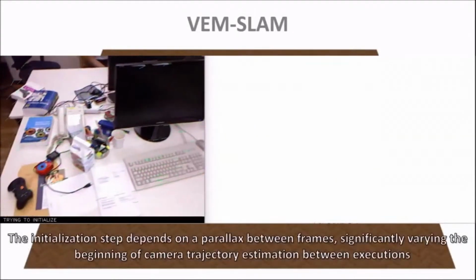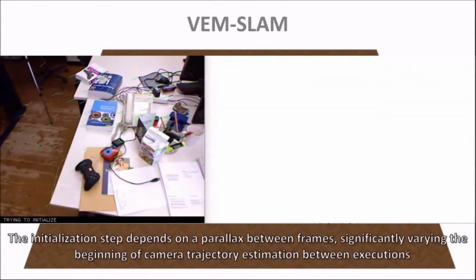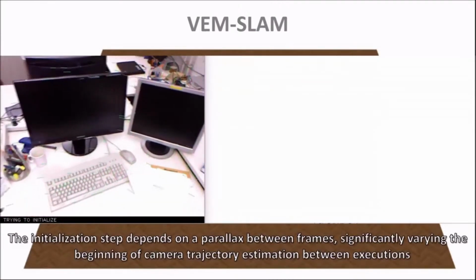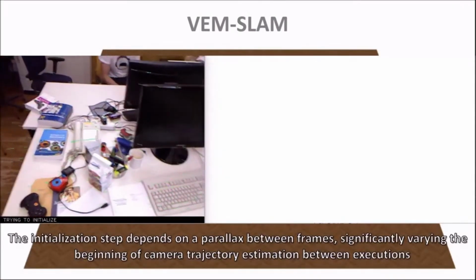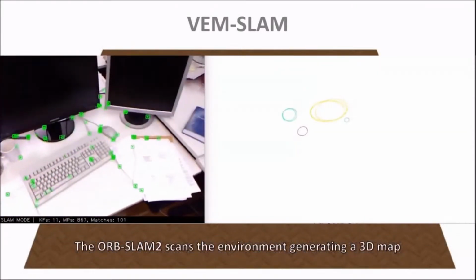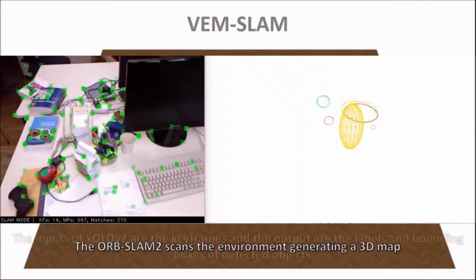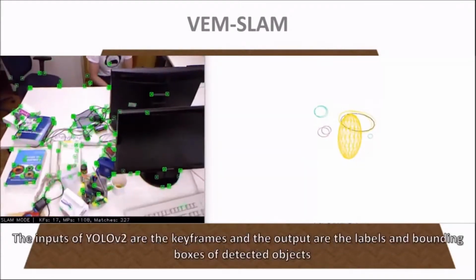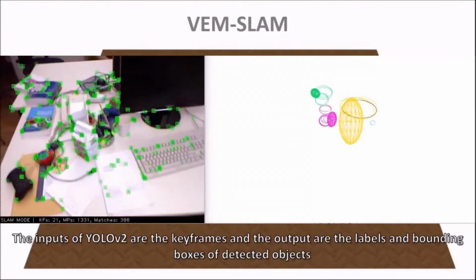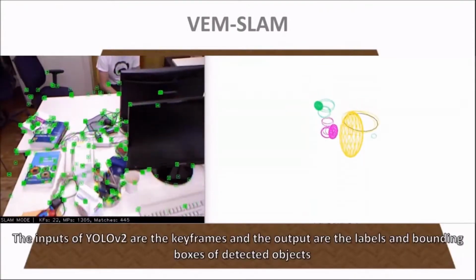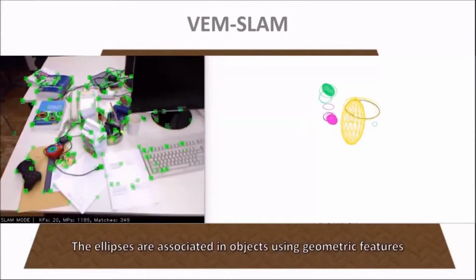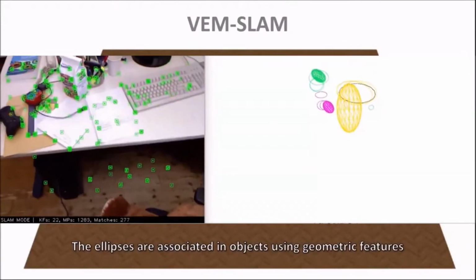The initialization step depends on the parallax between frames, significantly varying the beginning of the camera trajectory estimation between executions. ORB-SLAM2 scans the environment generating a 3D map. The inputs of YOLOv2 are the keyframes, and the outputs are the labels and bounding boxes of detected objects. The ellipses are associated to objects using geometric features.